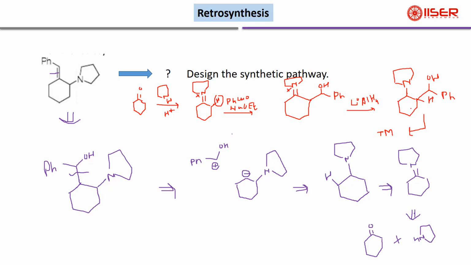For removal of this OH group, we can transfer it to a good leaving group like TMSCl. If you use TMSCl, it will be an OTMS, then it can be removed easily. We don't need harsh conditions, because if you give harsh conditions, this amine bond can also be affected. So if you add TMSCl, it will be transferred to OTMS, which is a good leaving group, then it will be removed very easily.